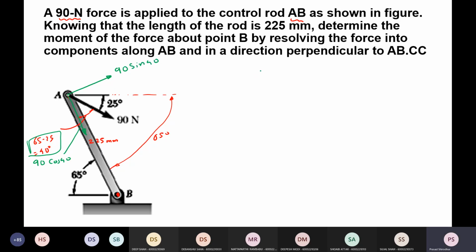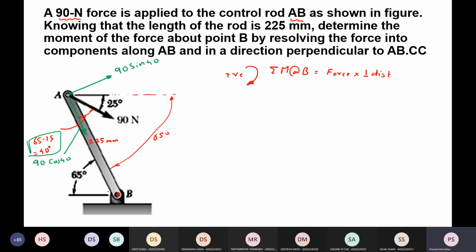Now let's calculate the moment about B. Summation M about B is equal to force into perpendicular distance. We are going to assume a sign convention: I am going to assume clockwise is positive.